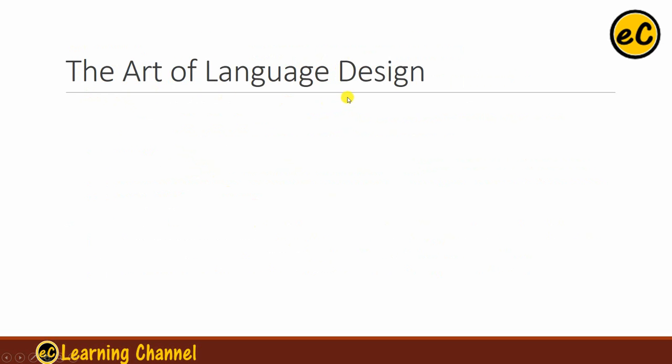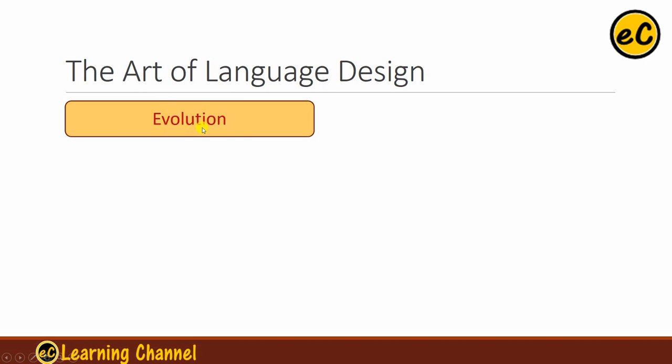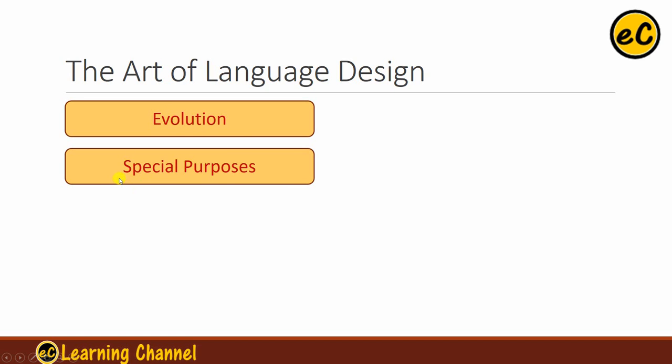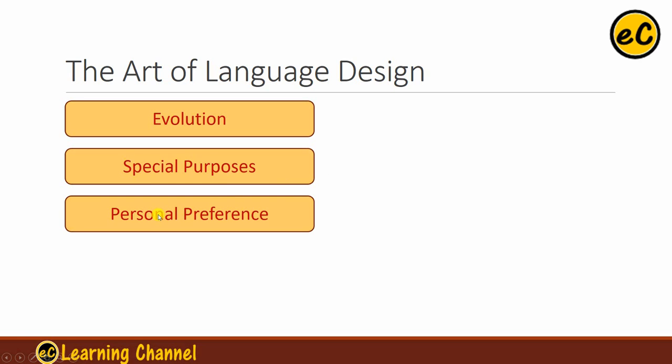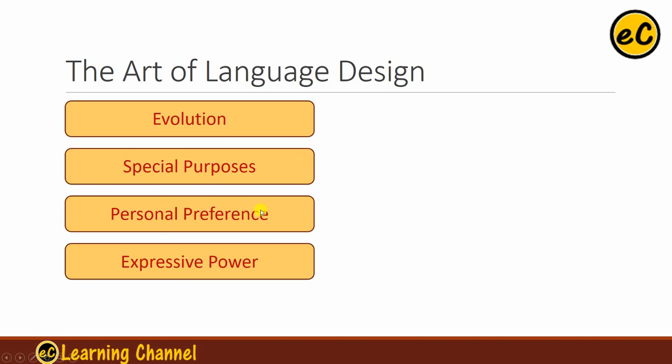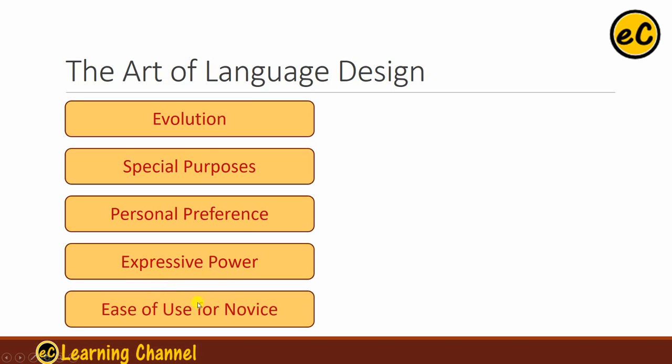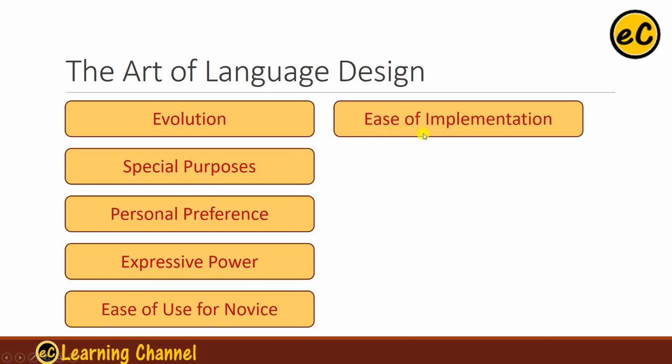Here is the summary for this lecture. We pointed out the purpose and important language design goals, to follow the evolution path, and some languages designed for special purposes, some designed for personal preference. And the language needs to have good expressive power, and ease of use is very important, as is ease of implementation.